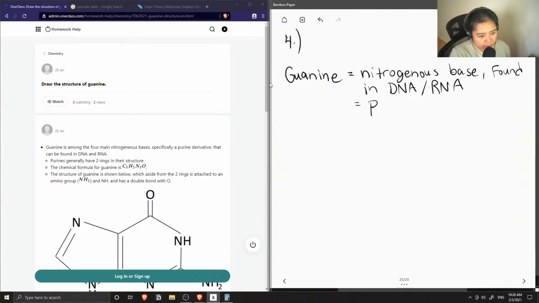It's also a purine ring, meaning it is formed with 2 rings.